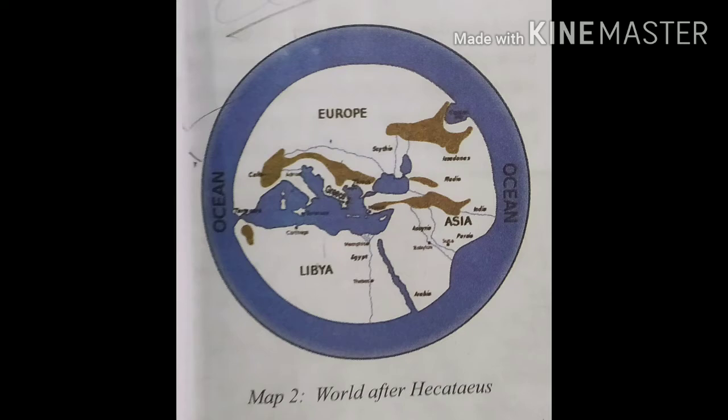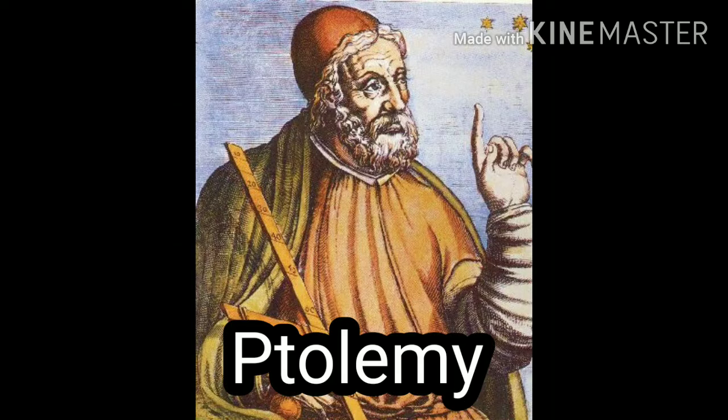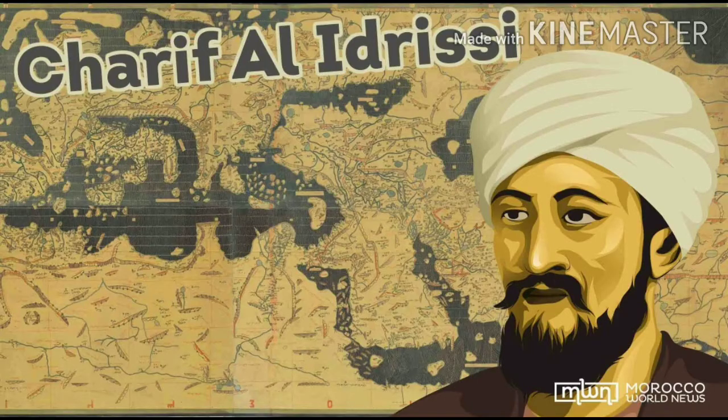Another important geographer, Ptolemy, was one of the most famous geographers who prepared maps with the help of latitudes and longitudes. Another famous Arab map maker was Al Idrisi, who prepared a map for his king in 1154. And the Chinese map maker Du Ming Hutu painted a 17 square meter map on silk cloth.